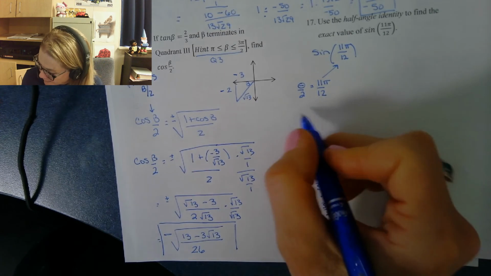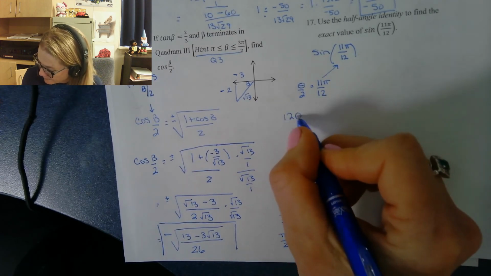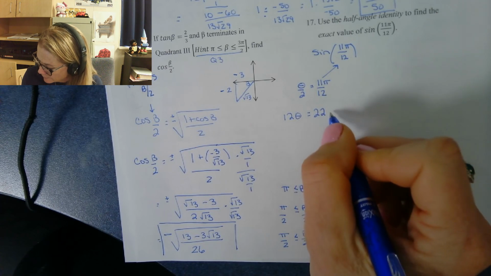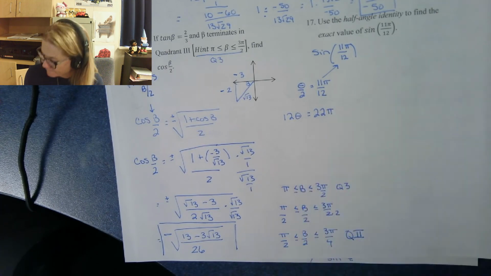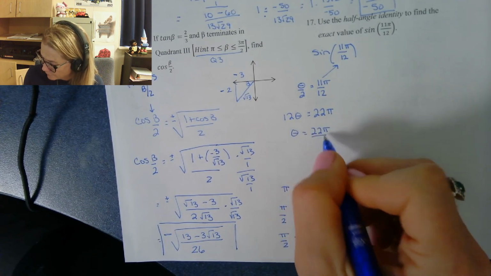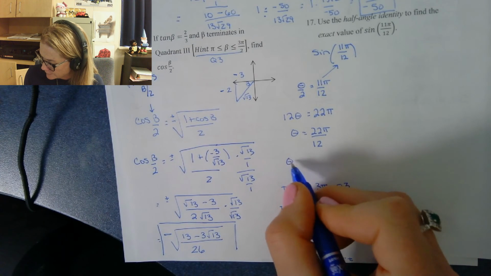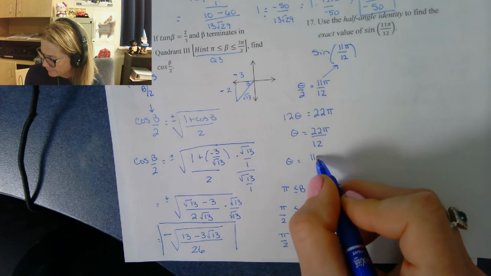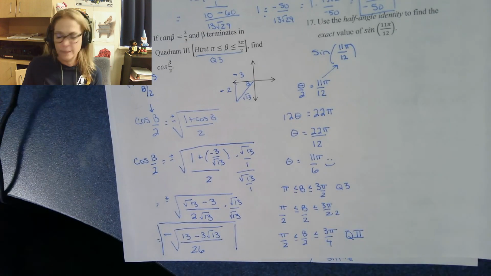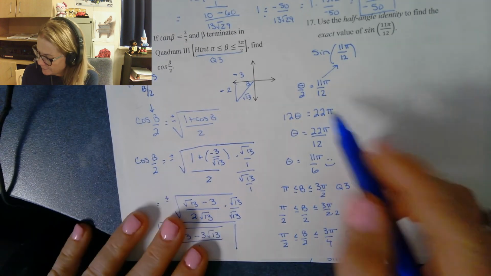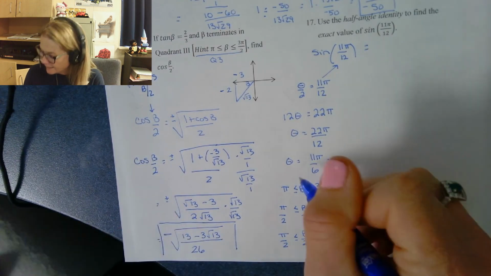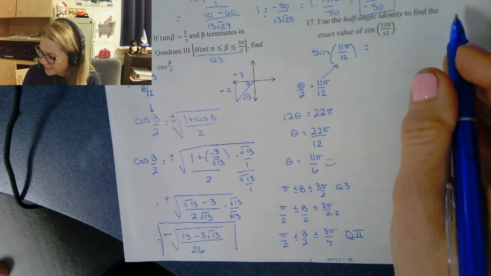All right, and so theta over 2 is equal to 11 pi over 12, so theta is 22 pi over 12, which is 11 pi over 6, which is a value we like. Okay, so this is going to unfold, and the formula uses theta.